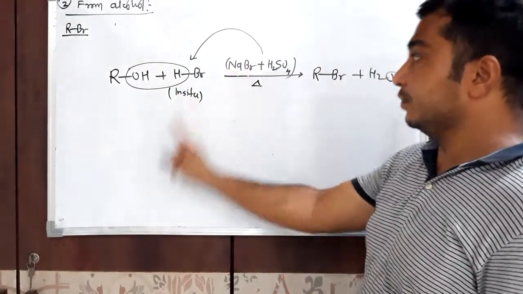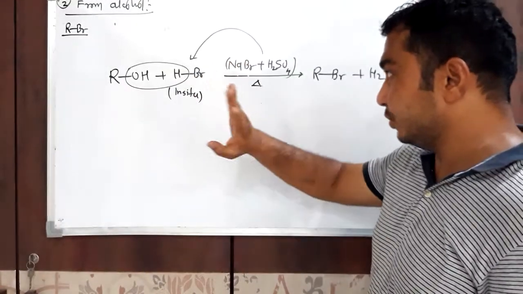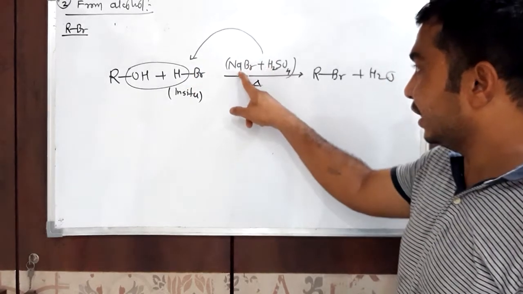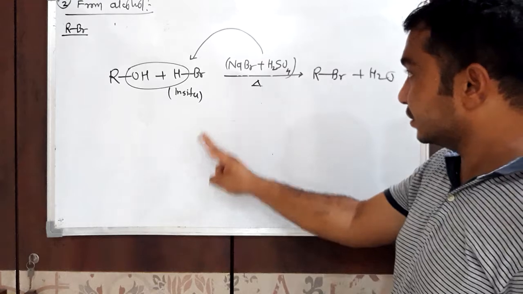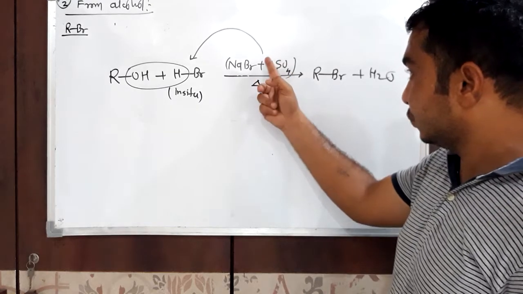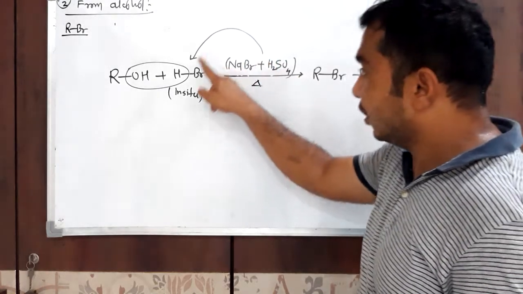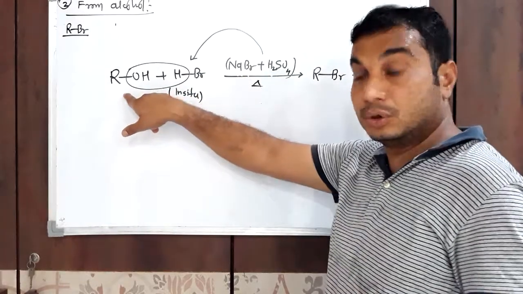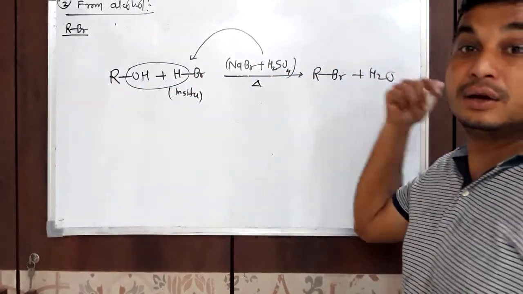Alcohol is treated with HBr, but HBr is not available. Instead of that HBr, we add NaBr and H2SO4. First, NaBr and H2SO4 react together and form hydrogen bromide in situ, and then HBr reacts with alcohol to give the corresponding alkyl bromide.